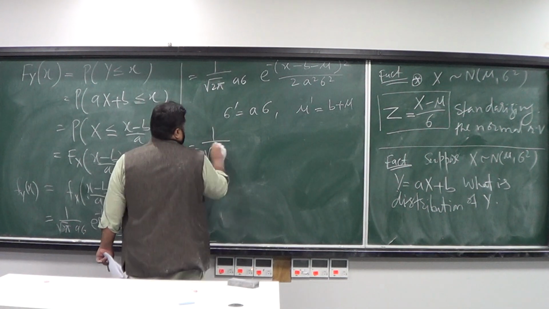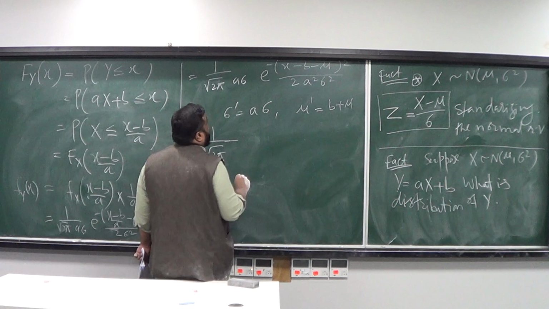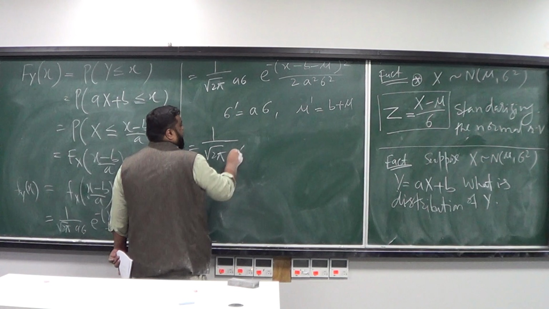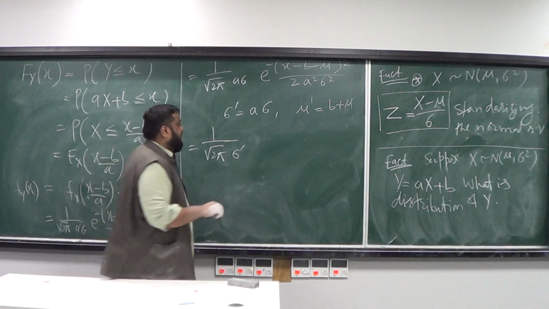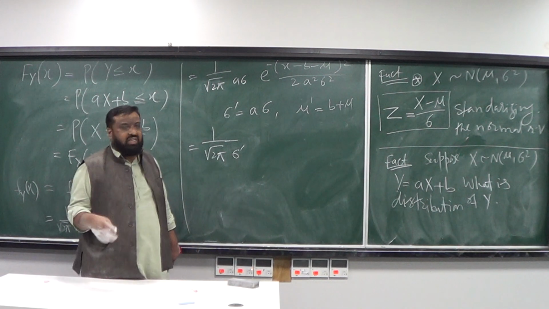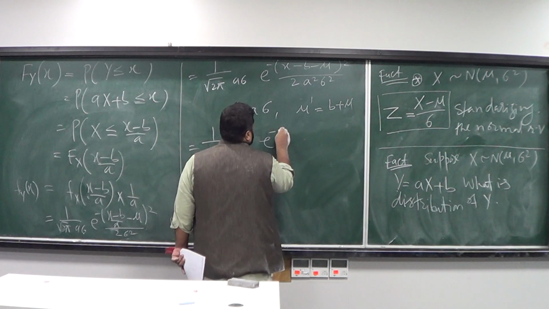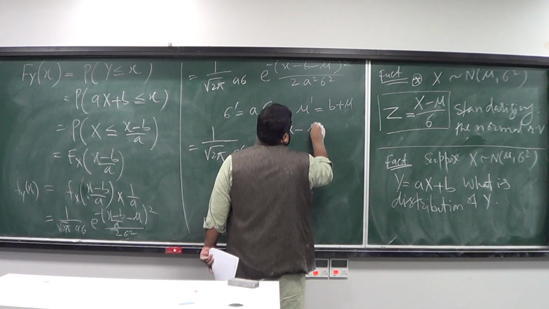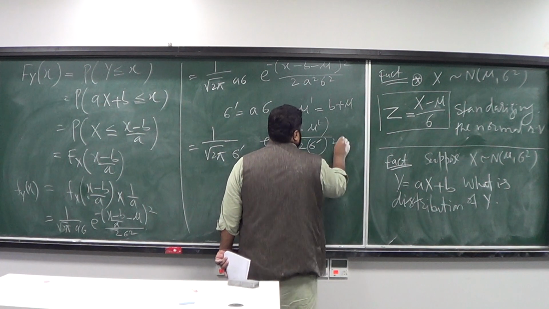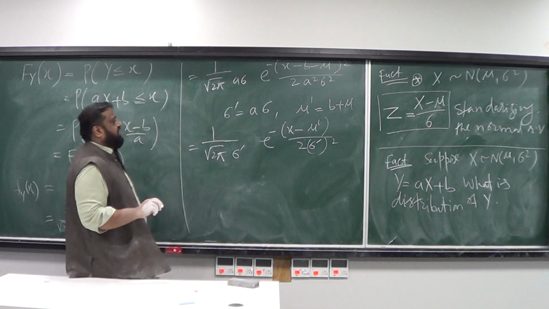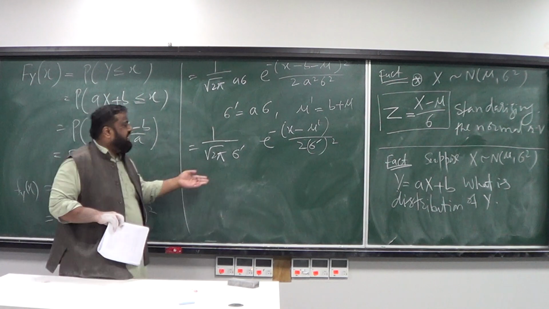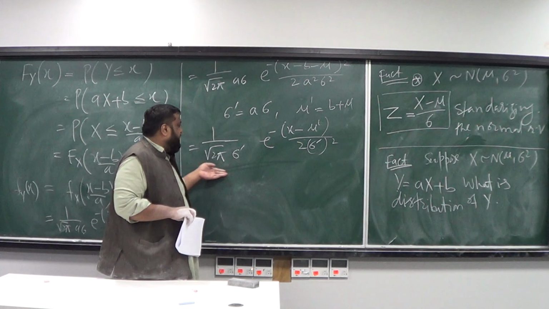So we can get 1 over the square root of 2 pi, and a sigma will become sigma prime. So this prime is not the derivative prime, it's just a symbol actually. So it's going to be e to the minus (x minus mu prime) square by 2 sigma prime square actually. This is what you're going to get. Now if I ask you, what is the PDF, whose distribution is this?